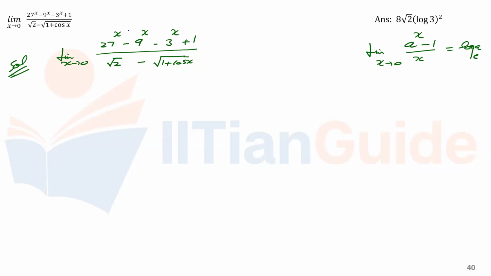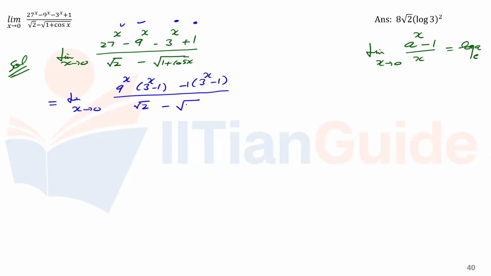We can factorize the numerator. I am pairing this with this, and this with this. I am not writing directly, I am just showing you. Limits x tending to 0. I will take 9 power x to be common. After that, I am left with 3 power x minus 1, with a minus sign. Then 3 power x minus 1 times root 2 minus root of 1 plus cos x.